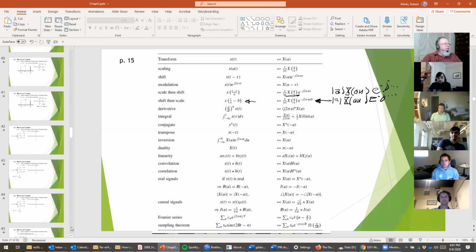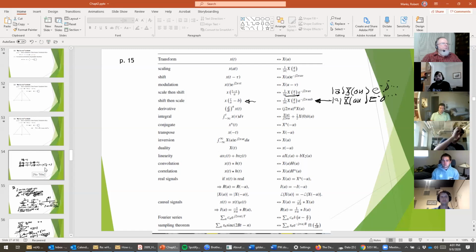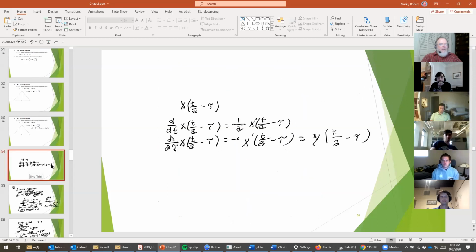We go back down here. We're doing our wigglies. And all of a sudden, this lets us know what the Fourier transform of this is, correct? And then to get the derivative, you multiply by j2 pi u. That was the derivative theorem. So whatever the Fourier transform of this is, to get x prime, you simply multiply by j2 pi u.